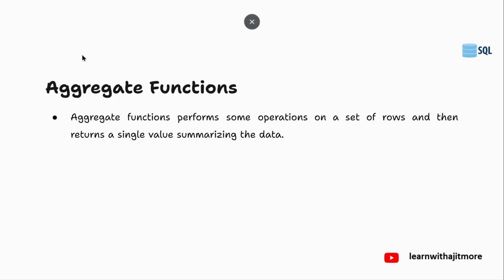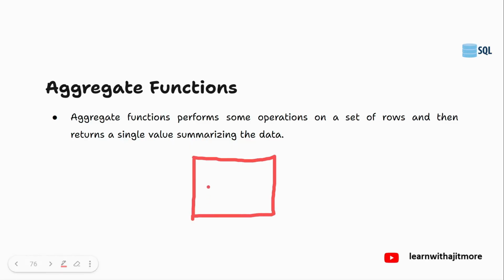ठीक है? So what are aggregate functions? I told you, aggregate functions perform some operations on a set of rows and then return a single value summarizing that data. All these aggregate functions are made only in such a way. F of x.